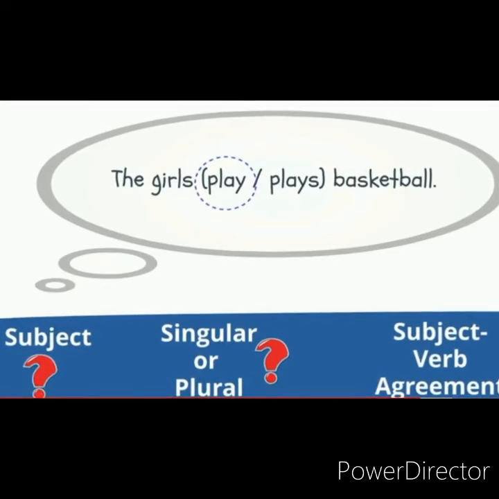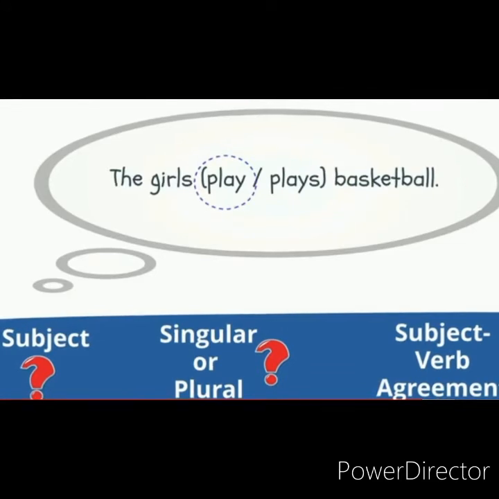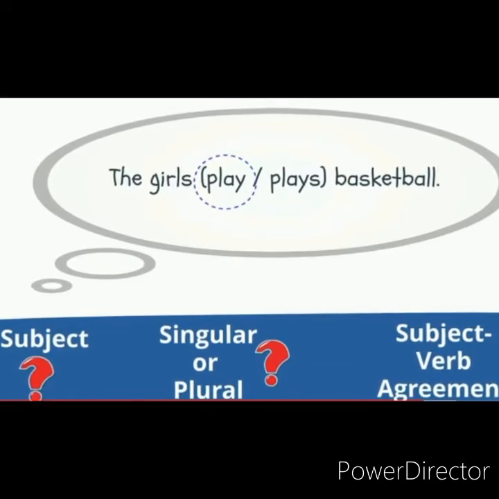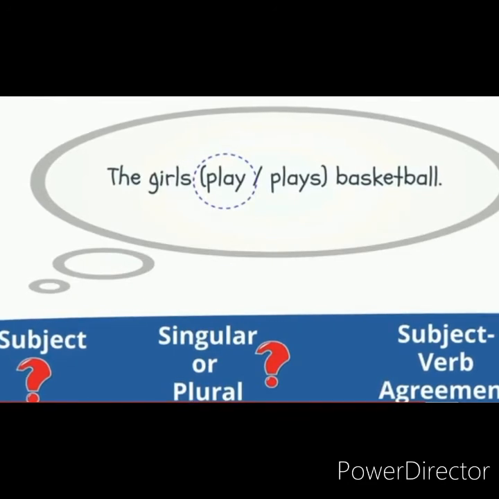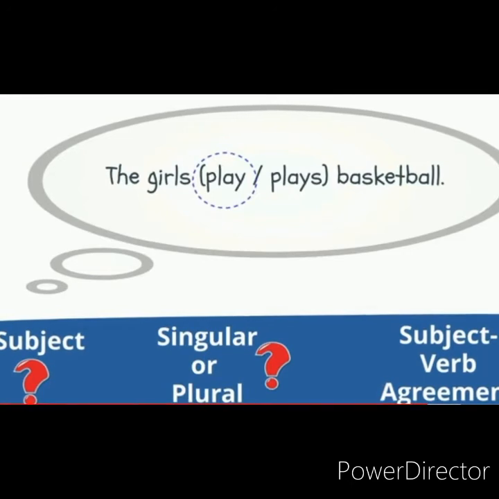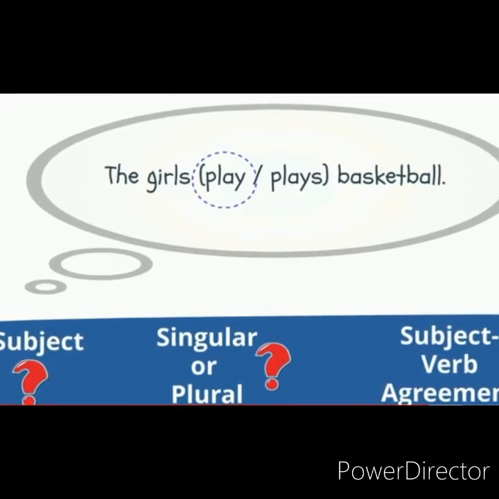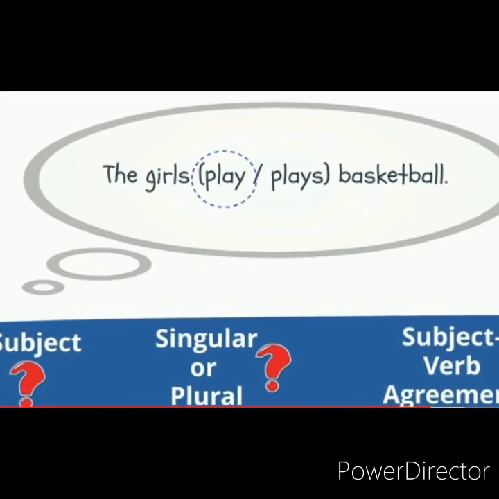They are playing basketball. So, play is the verb. Now, see whether the subject is singular or plural. The subject is plural. So, the verb will also be plural. So, it is play. The girls play basketball.